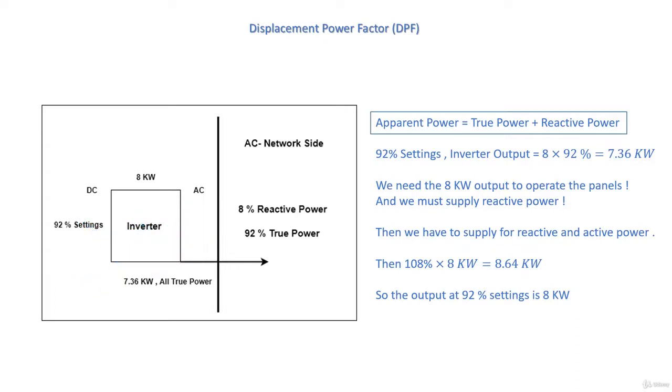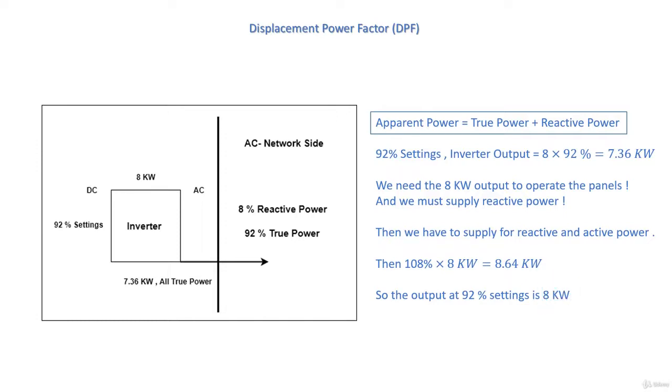Then the inverter needs extra power to supply the reactive power. The settings of the inverter have limited the inverter power to 92%, then we need extra 8% over the 8 kilowatt power. So if we set the inverter to 92% of its power to be delivered to the grid, we get 8.64 multiplied by 92%, which equals approximately 8 kilowatt of power.